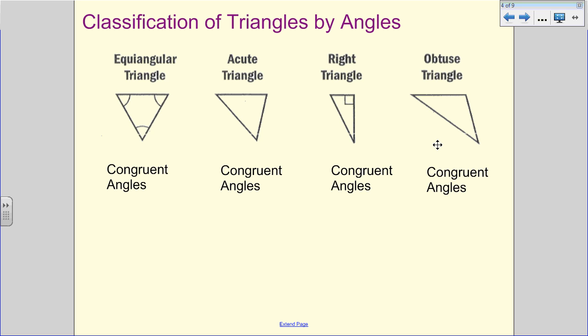So if we look at our first one, we have equiangular. Once again, we've added that equal, so it's equal angles. All three angles are equal, so we have three congruent angles. An acute triangle, think of what we know as acute.